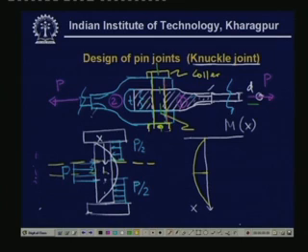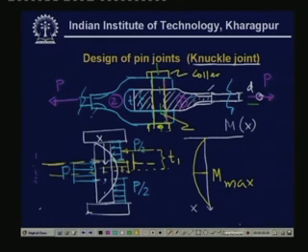It will be equal to P by 2 times this distance minus P by 2 times this small distance. So you can calculate this knowing a few distances. One is this distance, let us say t1, another is the distance from this point to the midpoint or this section. So we can find out what this M max is. Once this M max is found from this chosen distribution, then we can find out the bending stress.